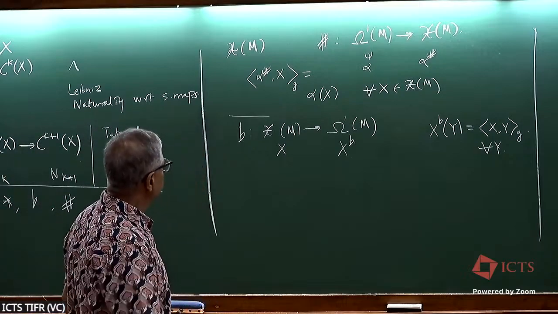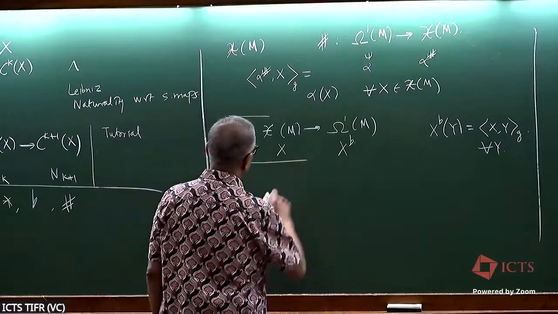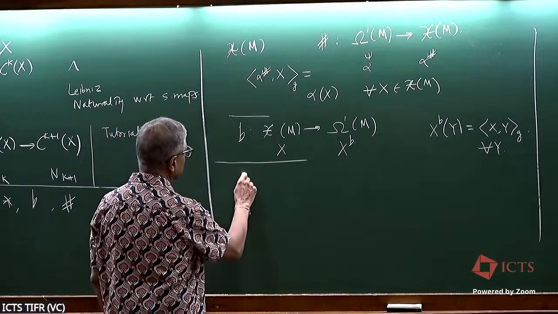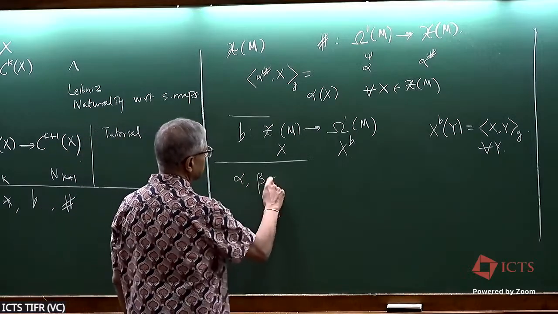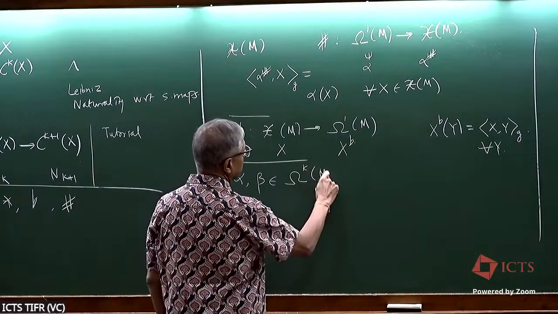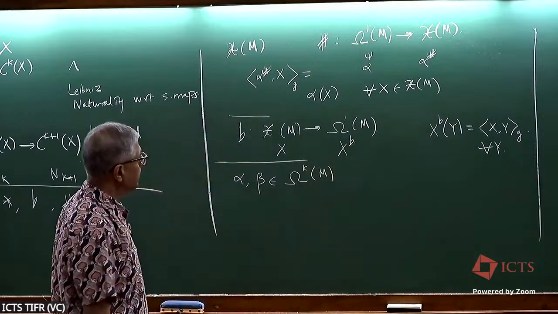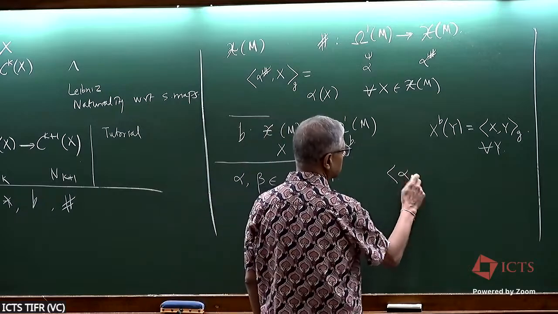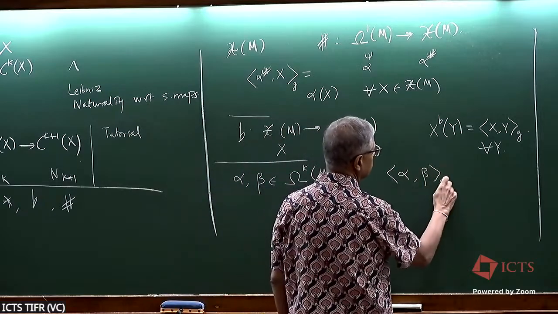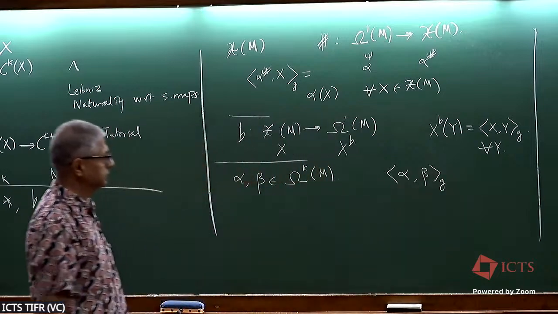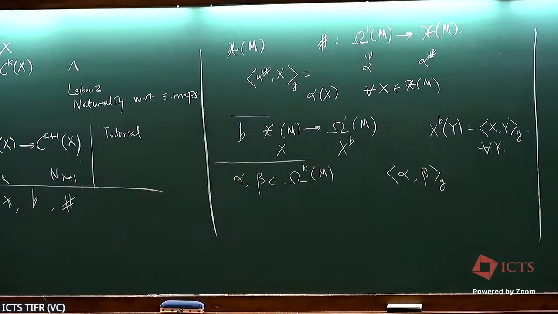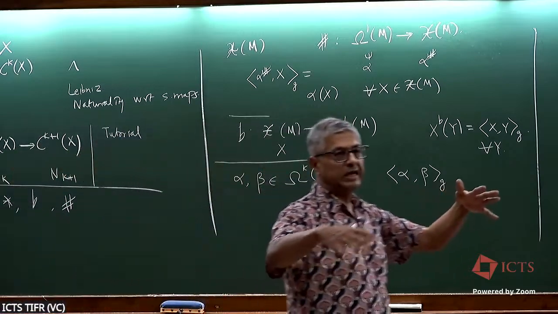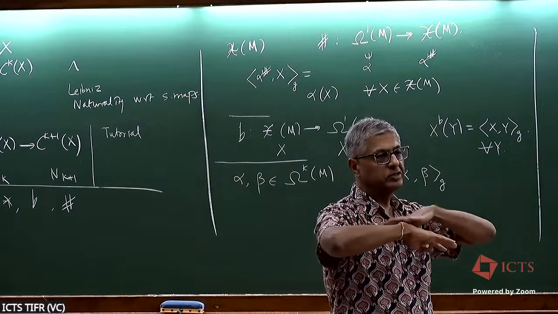Okay, so the way you want to define the inner product, suppose alpha and beta are k forms, and we'd like to induce from the metric some inner product on k forms. I'll keep writing just angular brackets for this. These forms are antisymmetric tensor fields on the manifold. When you take the inner product, you'll get a number at every point, so you'll get a smooth function.